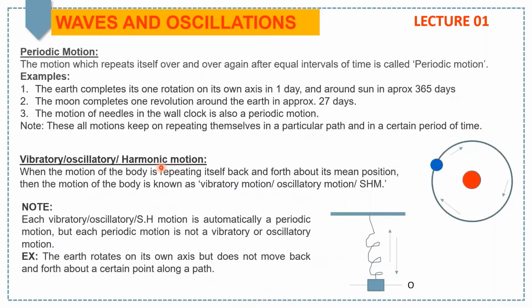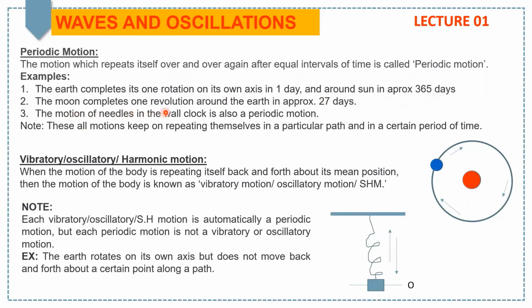Now, what is the difference between periodic motion and vibratory, oscillatory, or harmonic motion? First, periodic motion. The motion which repeats itself over and over again after equal intervals of time is called periodic motion. For example, the earth completes one rotation on its own axis in one day and around the sun in approximately 365 days.